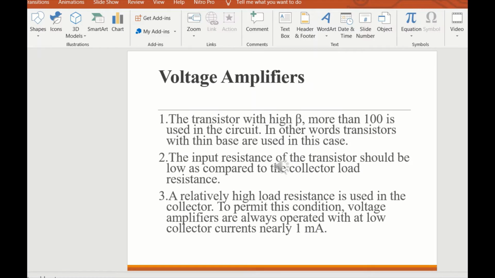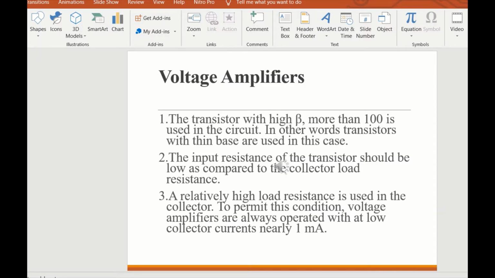So let us start from the beginning and discuss the voltage amplifier. In voltage amplifier, the current gain is more than 100 in the circuits we were using. Current gain is your beta. In this type of voltage amplifier, the transistors we use have a thin base.